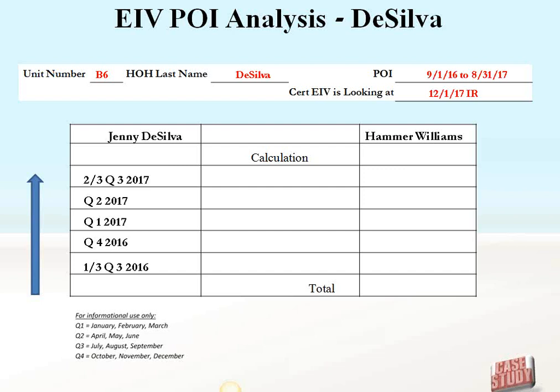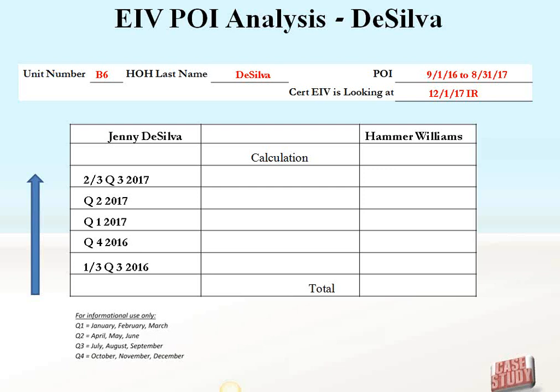Because that's the way it displays on the income report. The quarterly ranges go from most historical on the bottom to most recent on the top.